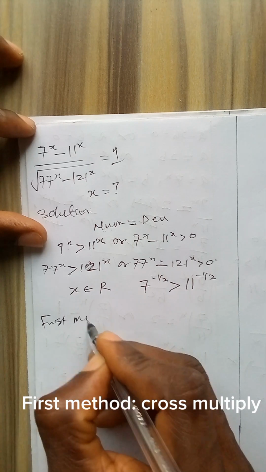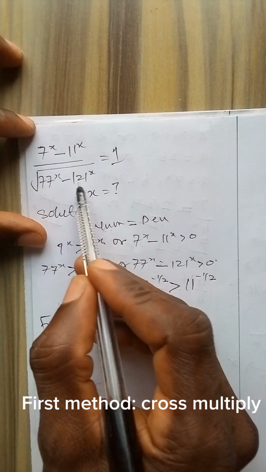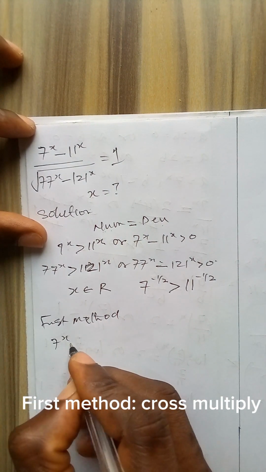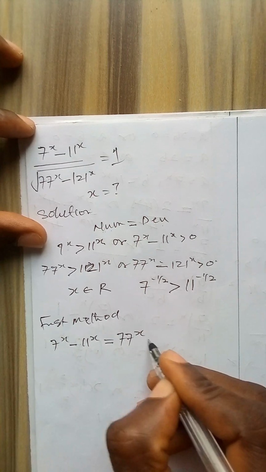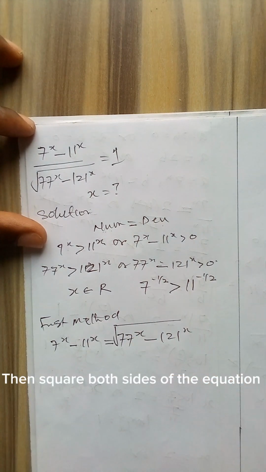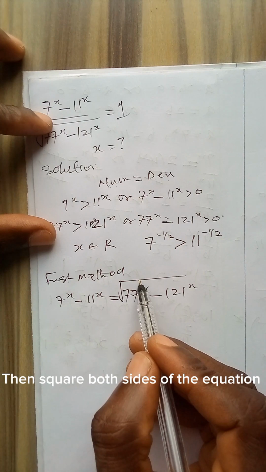In the first method, I said that I am going to multiply both sides by this, or cross multiply. If I cross multiply, I have 7^x - 11^x is equal to the square root of (77^x - 121^x). The next thing is to square both sides to remove this square root sign.